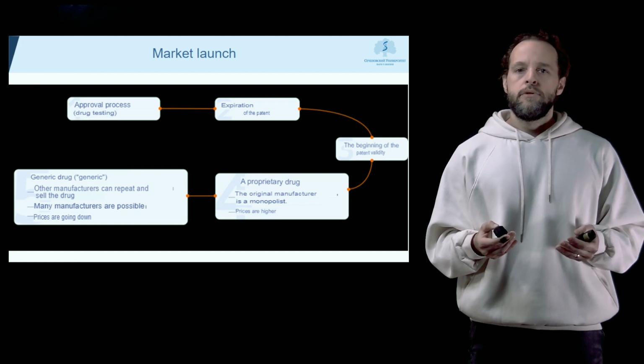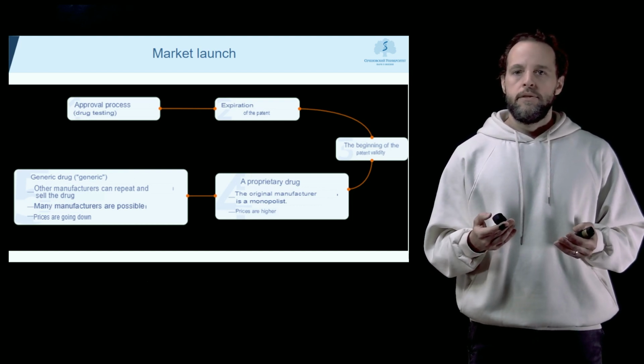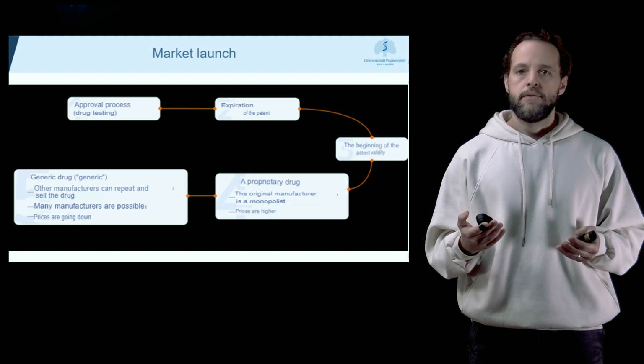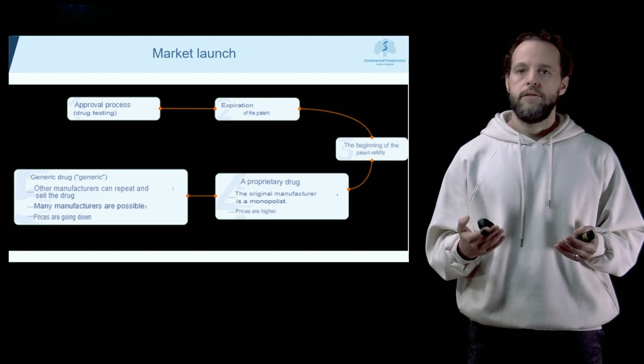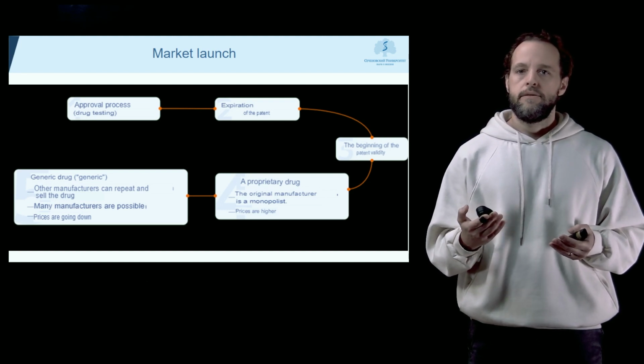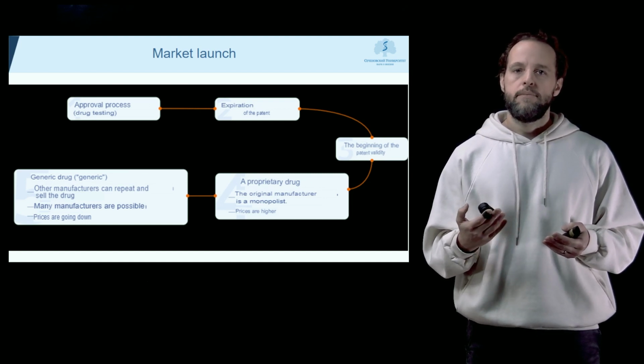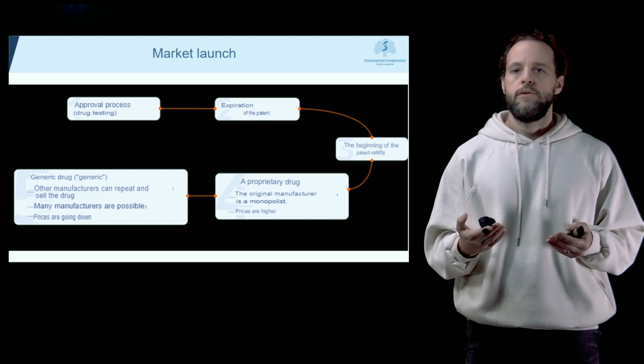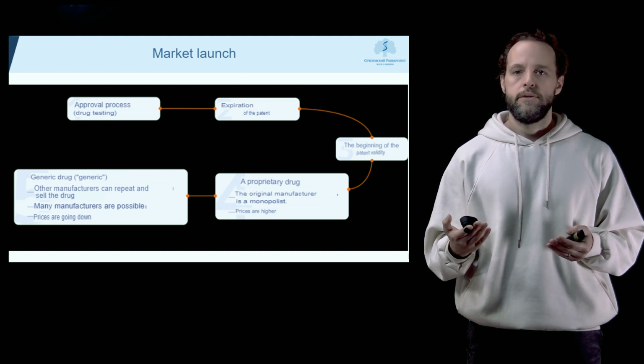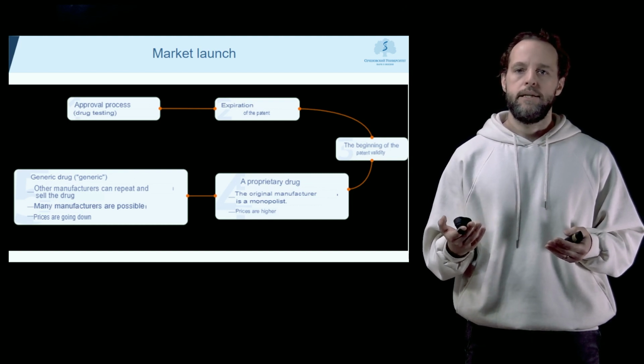One important point to note is the impact on the price associated with the advent of generic products. When a drug is protected by a patent and only one seller is allowed, prices tend to be higher.